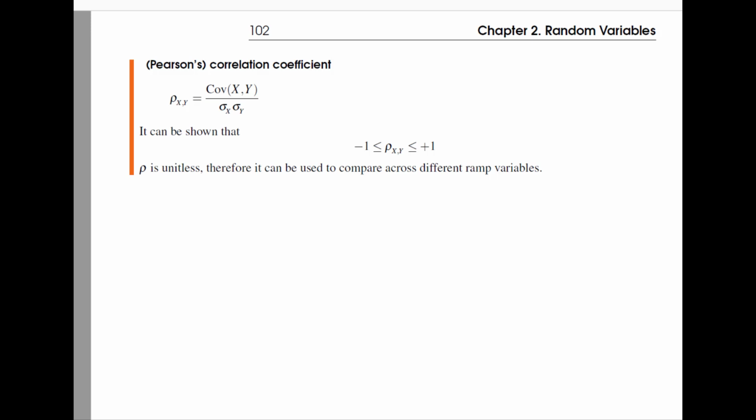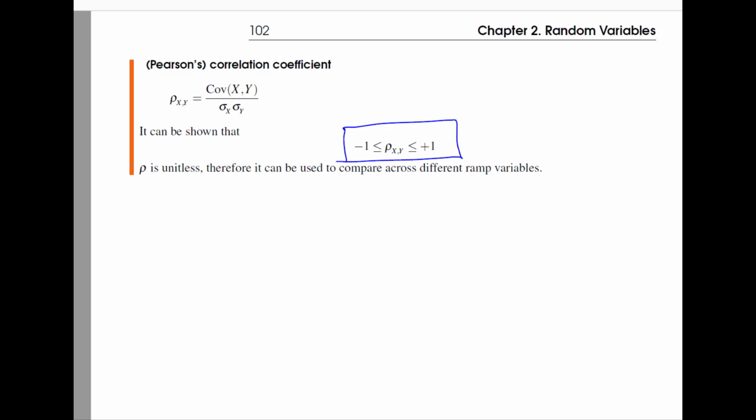Okay, now remember the coefficient of variation, it was so good because it's dimensionless. Here we have a similar parameter, which is the correlation coefficient, due to Mr. Pearson. You simply divide the covariance by the respective standard deviations of x and y, like that. The good thing is that it removes all the units, and the other thing is that it can be shown that it's bounded by -1 and 1.